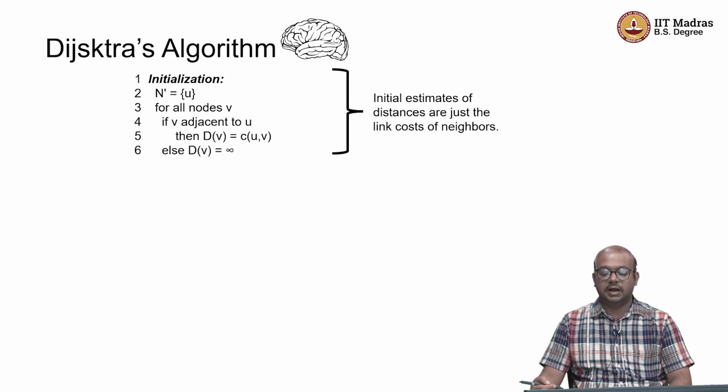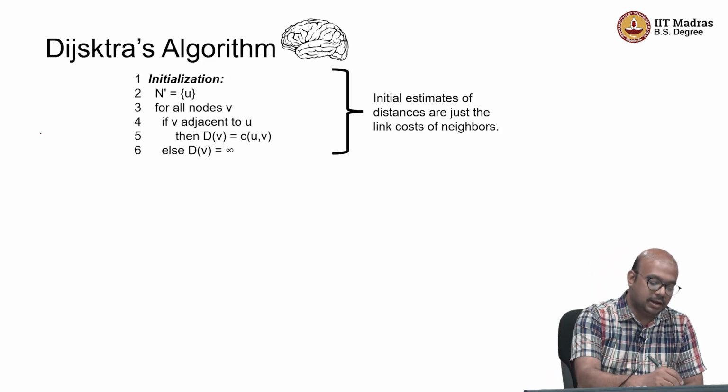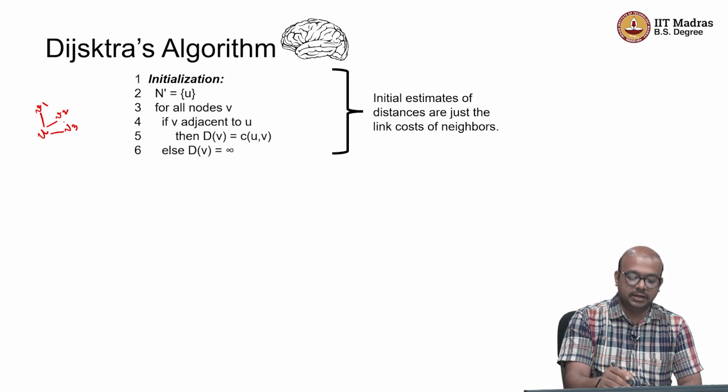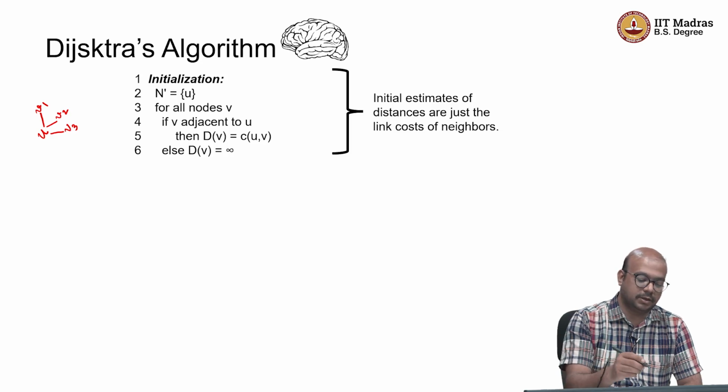Please understand that the shortest path to the neighbors may not be the direct path. Okay. So, please keep that in your mind in parallel. Let us say you have u, and the direct hop neighbors are, let us say v1, v2 and v3, right, and initially you update this cost. Okay. That is it, your D(v), right. At this current moment, what are your estimates of the cost, right.